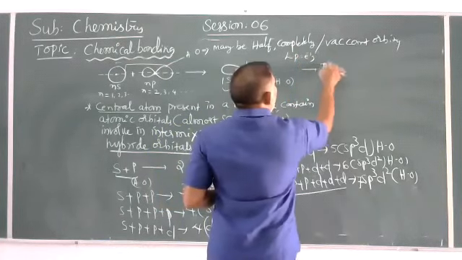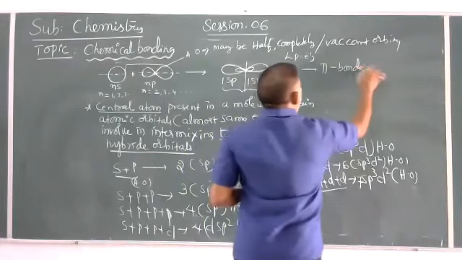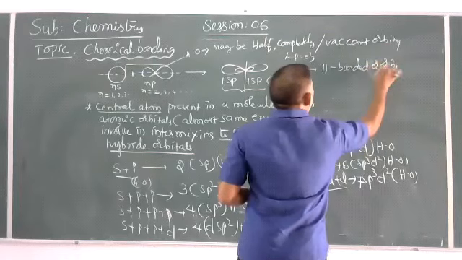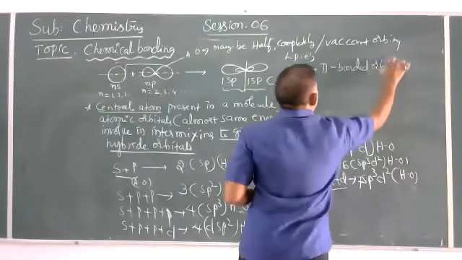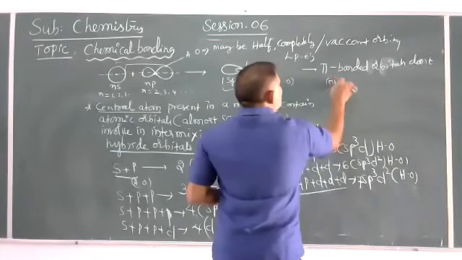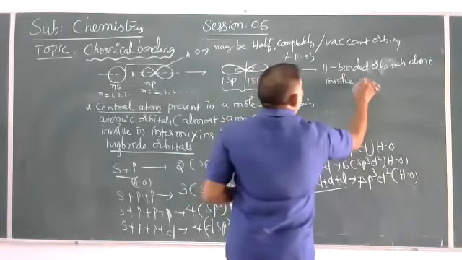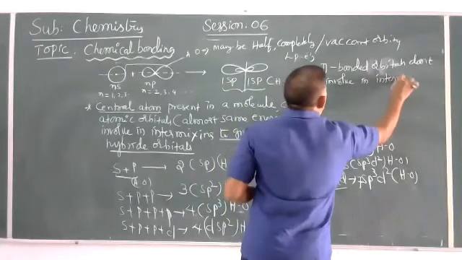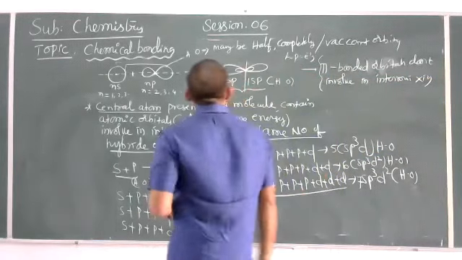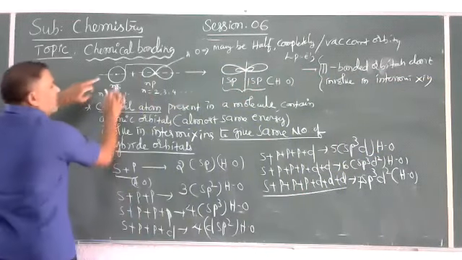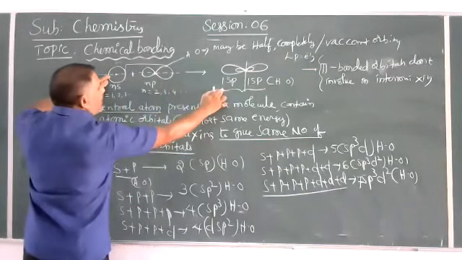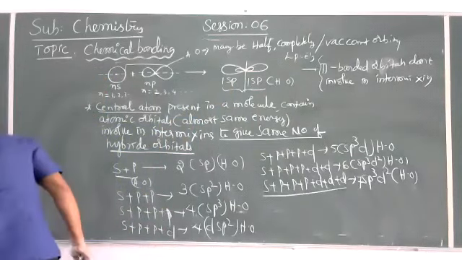But pi bonded orbitals do not get involved in intermixing or in hybridization. Okay, this is a very important point. So one s orbital and one p orbital undergo intermixing, and it gives two identical hybridized orbitals.